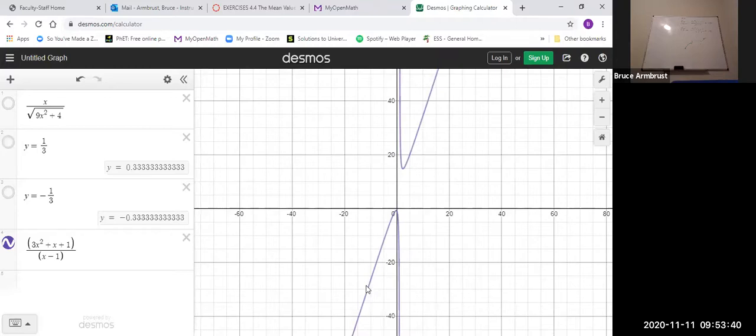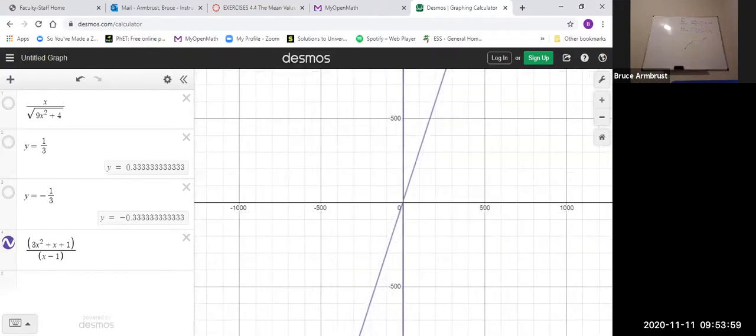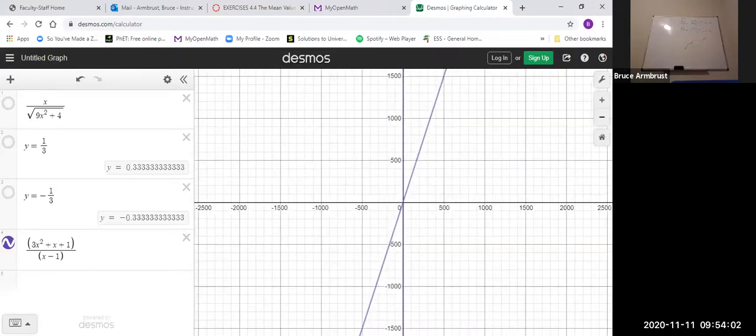But what I want you to notice is that this is starting to look like a line when we get far away from the center. When we get far away from here, it's starting to look linear. In fact, if I zoom out a little bit more, do you agree that looks like a line?